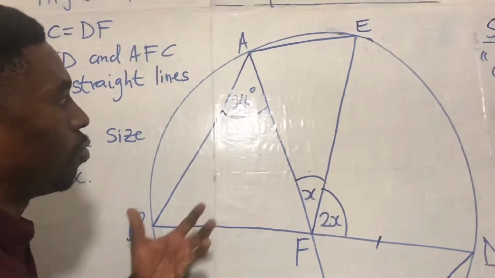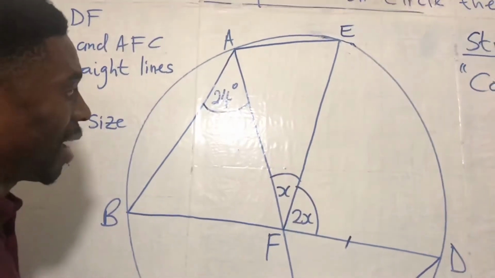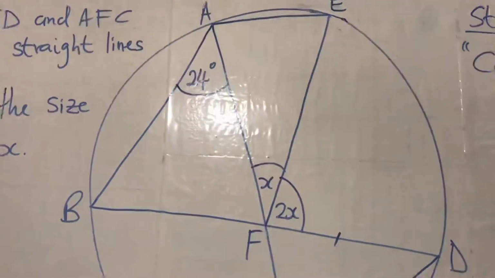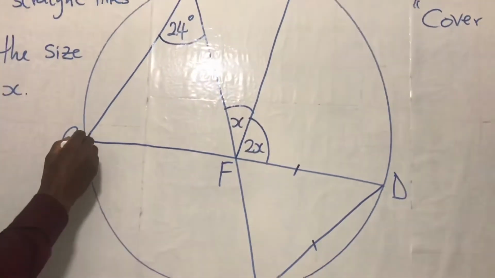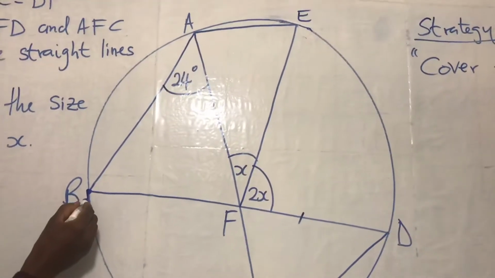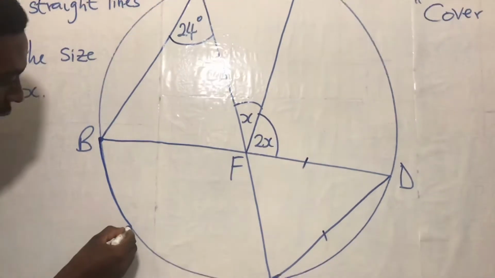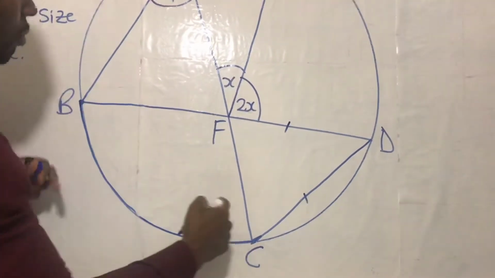Now the strategy to work out this angle is looking carefully at the diagram we've been given. We can see clearly that this angle, 24 degrees, is an angle subtended by this arc BC.